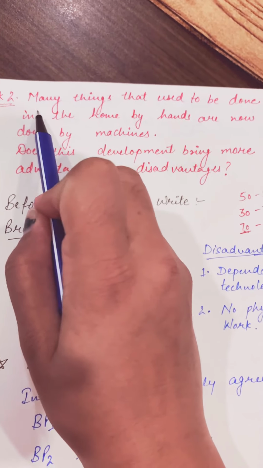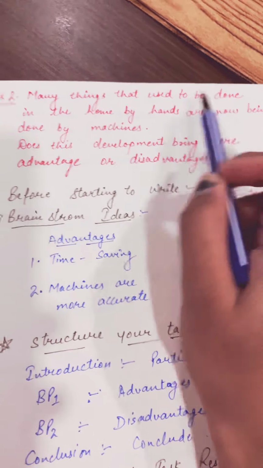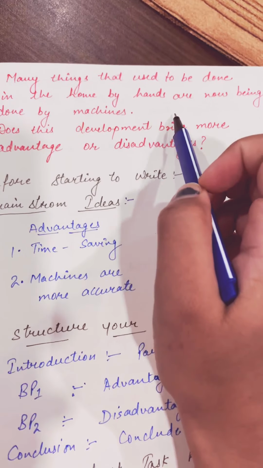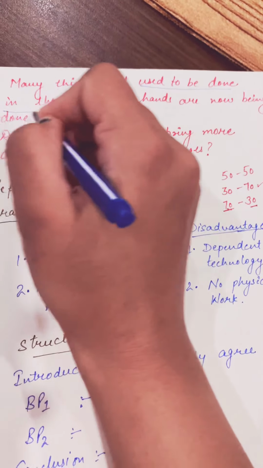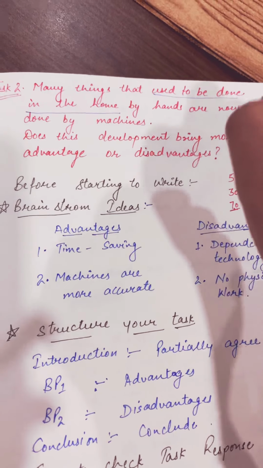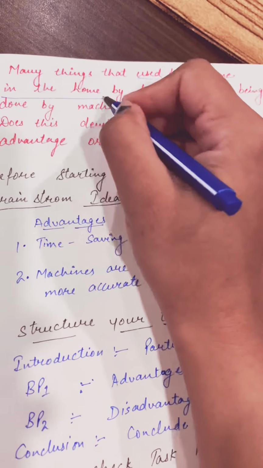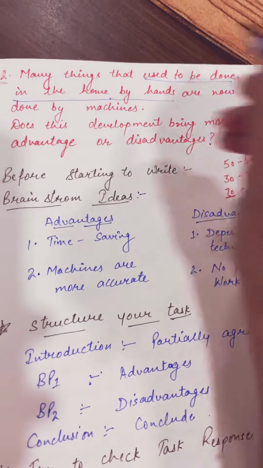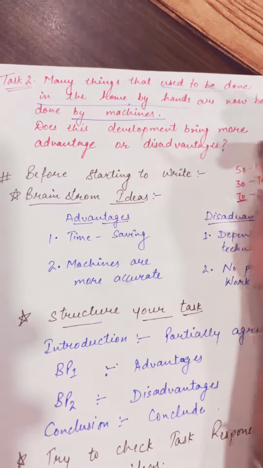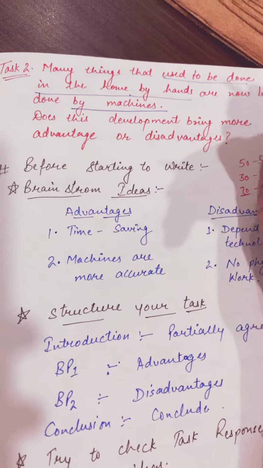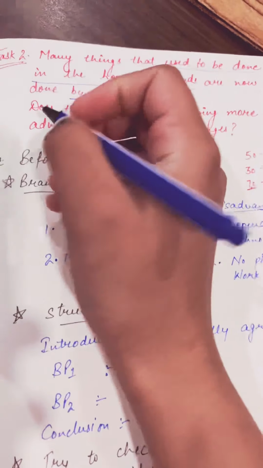So in this essay, many things that used to be done in the home by hand, so it was in the past used to be done in the home, so it is a thing of the past, are now being done by machines. So in today's world, everything is done by machines. So basically technology is used everywhere.